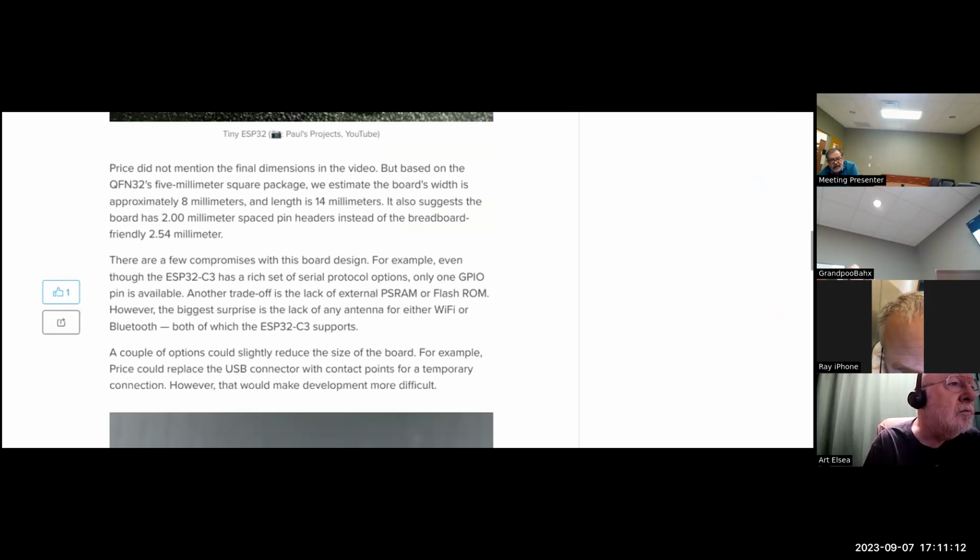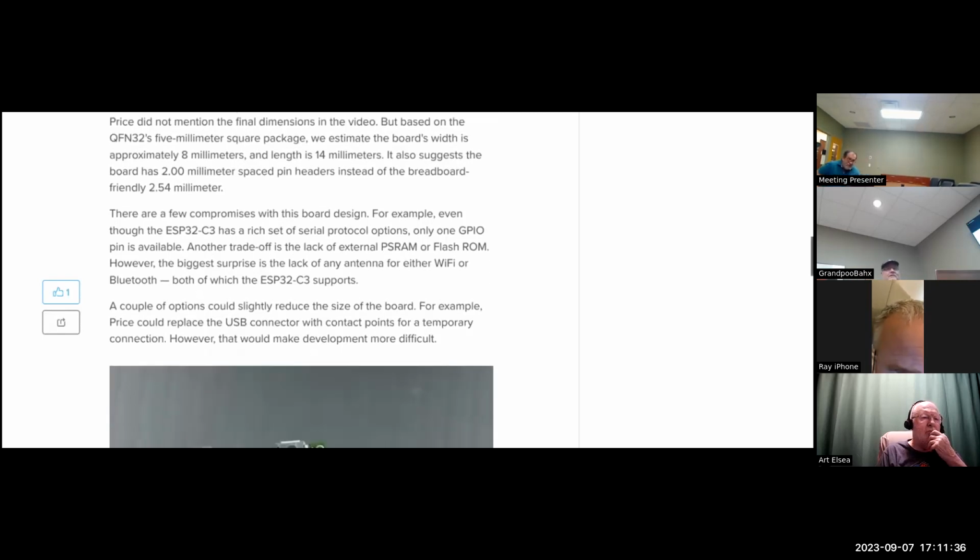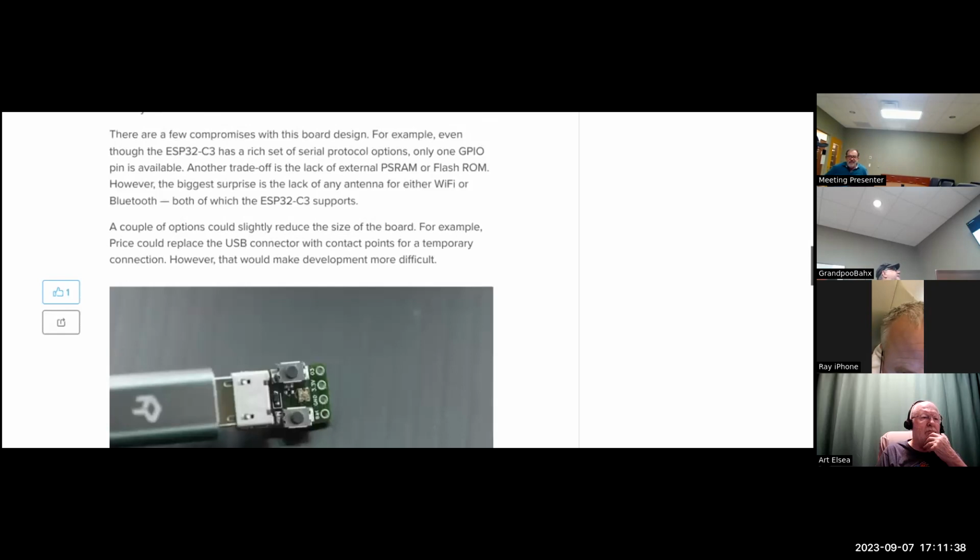The surprise is the lack of any antenna. No, this doesn't support Wi-Fi nor Bluetooth. No antenna. Yeah, lack of antenna. It's just a brick. Yeah, that doesn't seem very useful. A tiny brick.